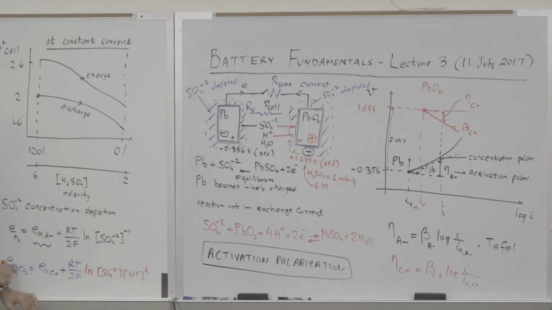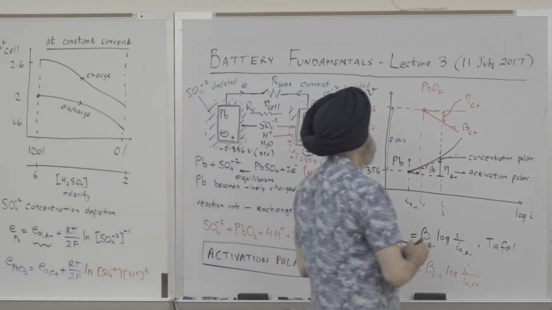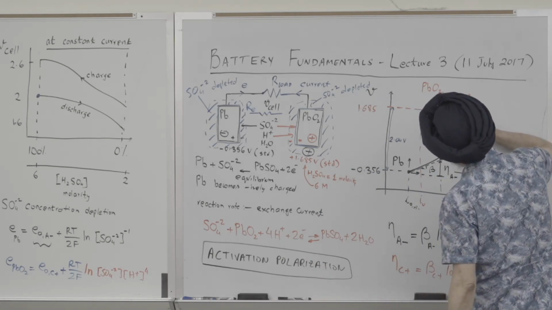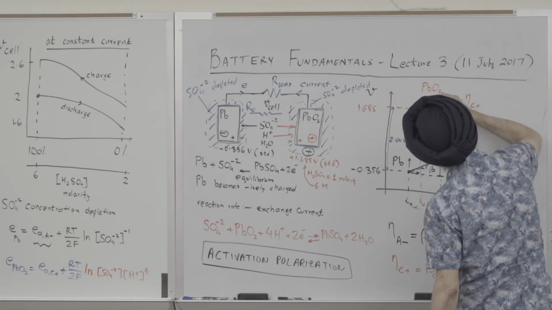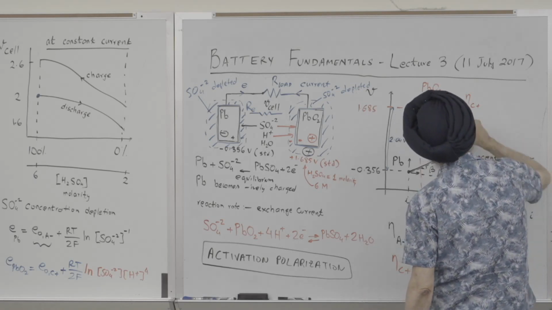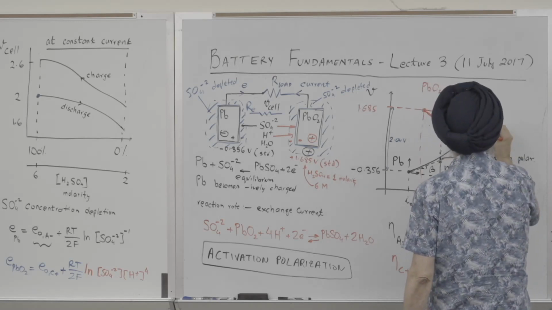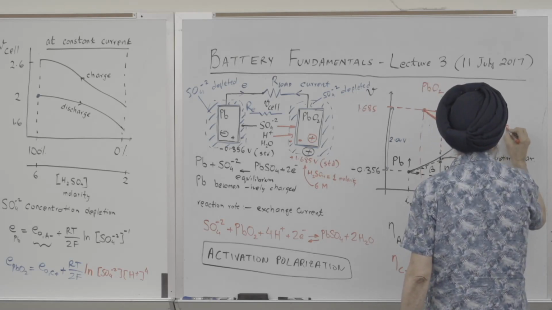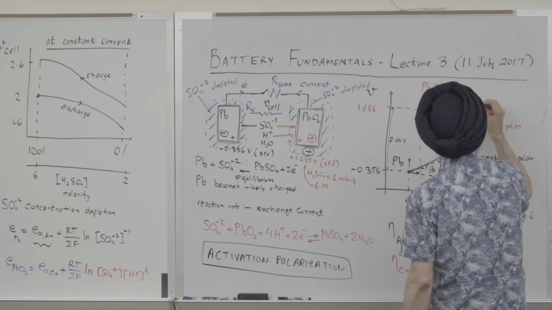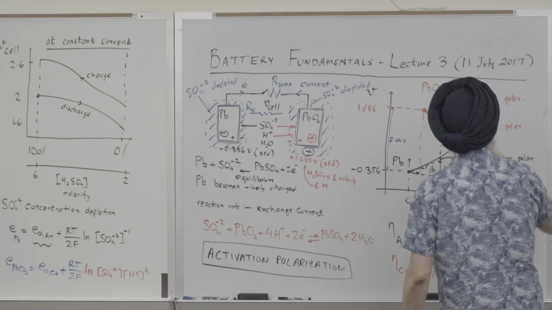So the potential across the lead oxide electrode decreases. The potential goes down from here to there. So this curve takes this form. This portion is concentration polarization, and this one is activation polarization.